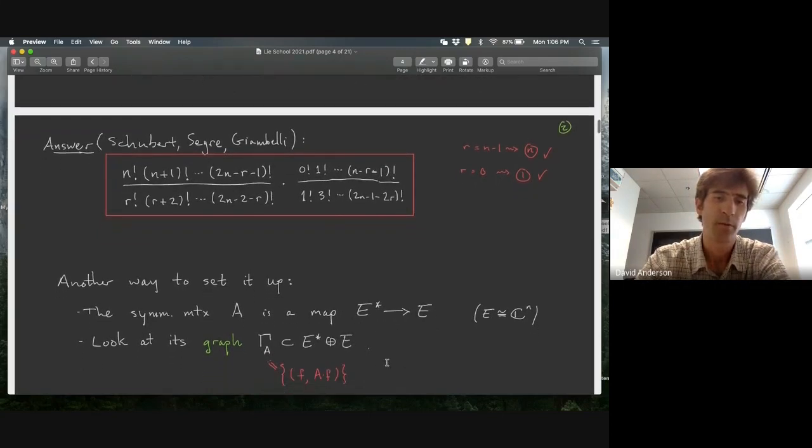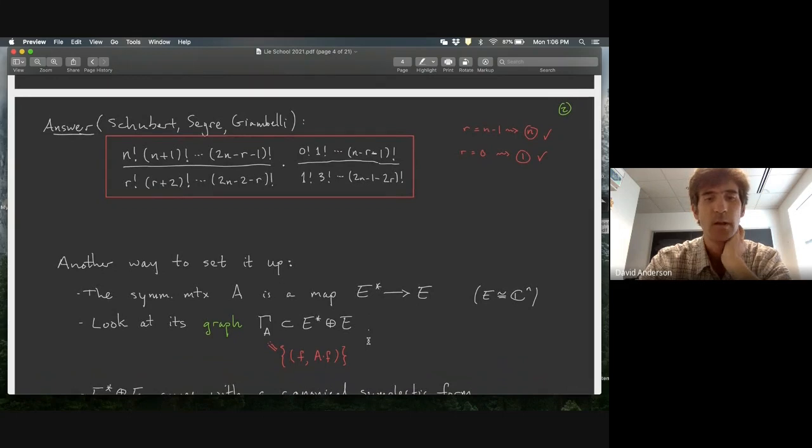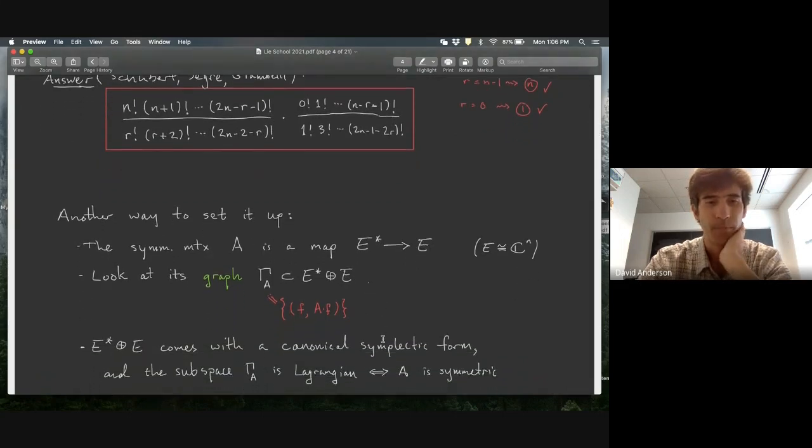What's special about a symmetric matrix is that if you look at its graph, and by definition a graph is just take a vector and look at its image, so that's some n-dimensional subspace of this n plus n dimensional ambient vector space. Then, as Enrique mentioned this morning, anytime you have a dual space summed with a space itself, it comes with a canonical symplectic form.